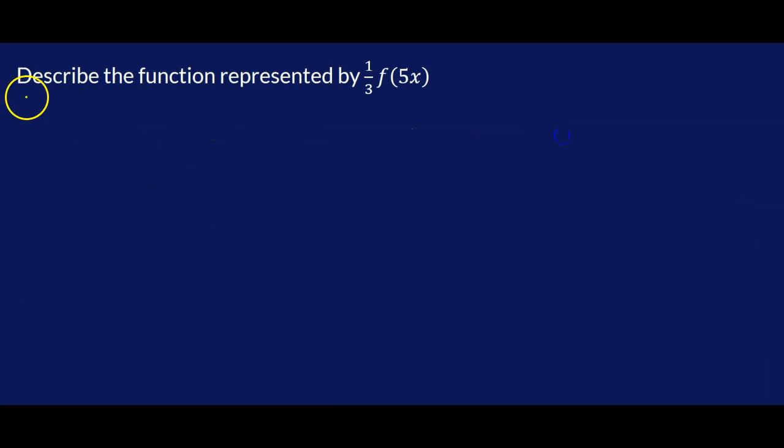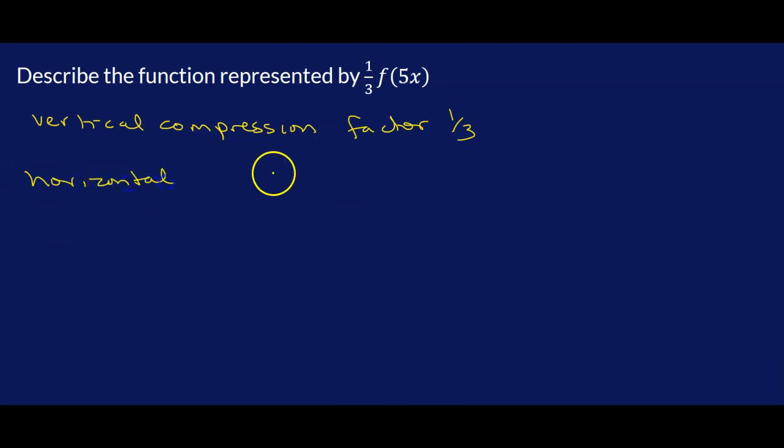And lastly, describe the function represented by 1/3 f of 5x. So we're going to have a vertical compression, and the factor is 1/3, and then we also have a horizontal compression, and the factor is always 1 over a.